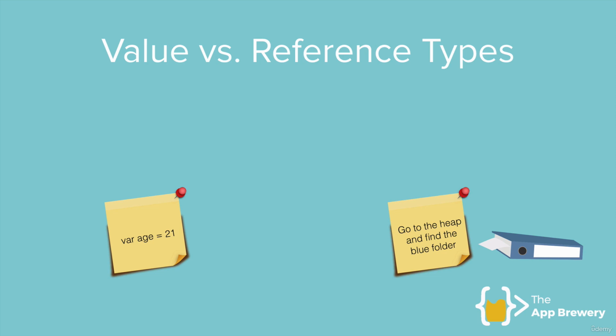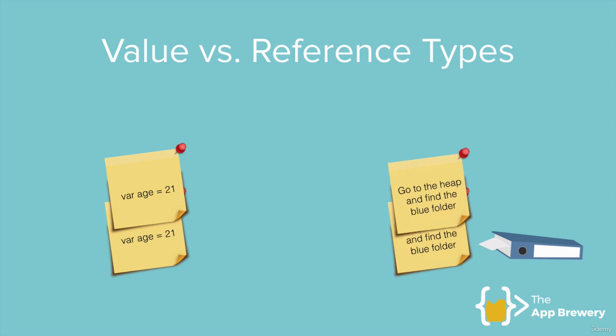Well, if I was to copy a struct, or a value type in this case, then it would create a new copy that has exactly the same values. But if I was to copy a reference type, so a class, then I would copy only the instructions for how to locate the block of memory inside the heap. So this is a really important concept, value types and reference types. And so in order to understand it better, let's head over to Playgrounds and do a deep dive into how they work and behave in real life when we're writing code for structs and classes.